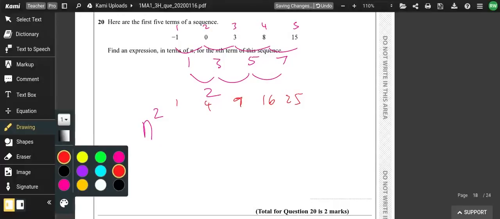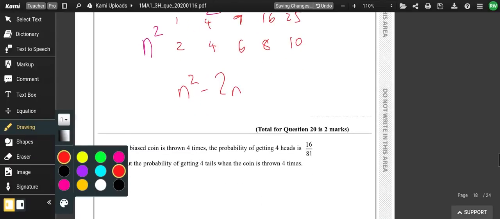So we're trying to look at the difference between the red and the pink one. So the difference between that and the normal one. We've got a difference of 2, then 4, 9 minus 3 is 6, 16 take away 8 is 8, and 25 take away 15 is 10. So 2, 4, 6, 8, 10, that's going up in 2s, so that's 2n. So we've got to do n squared minus 2n. Okay.